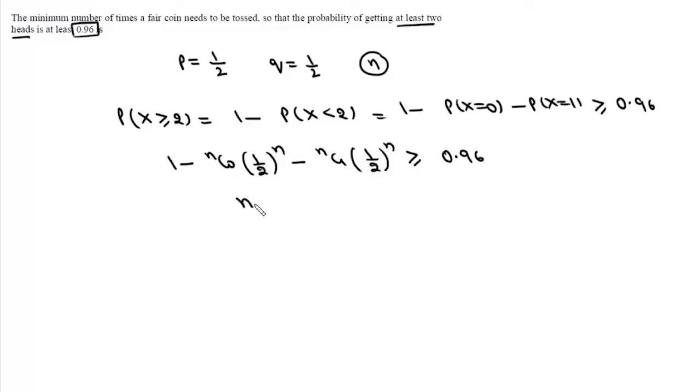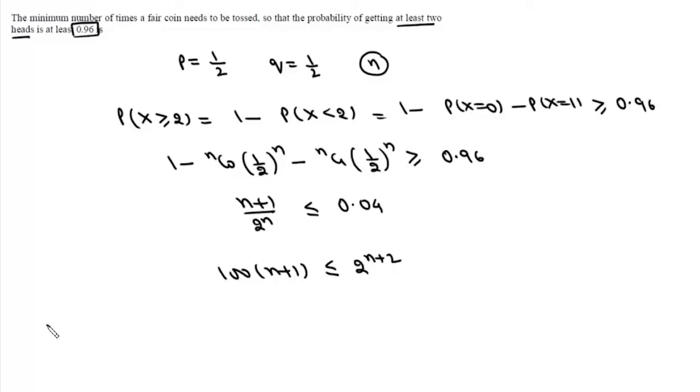Now we can write this as (n+1)/2^n should be less than or equal to 0.04. Now we can write this as 100 times (n+1) should be less than or equal to 2^(n+2). Now this is greater than 100, so that means 2^(n+2) should be greater than 100. So basically the value of n should be greater than or equal to 5.